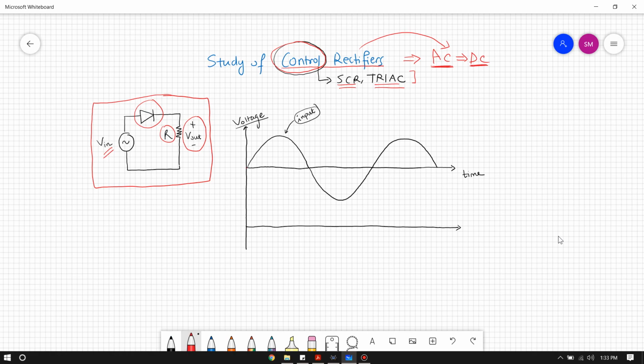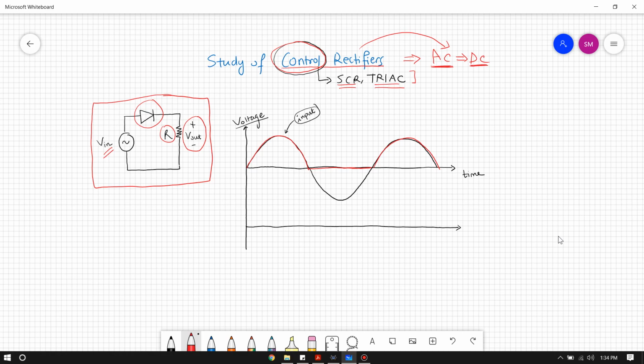The diode will conduct during the positive half cycle, so we're going to be observing this output across our resistor. And it will block the negative half cycle, so we will have no output during our negative half cycle, right? So this is the wave shape that we'll get at our output, and because we're converting the bidirectional current to unidirectional, we're calling it a rectifier.